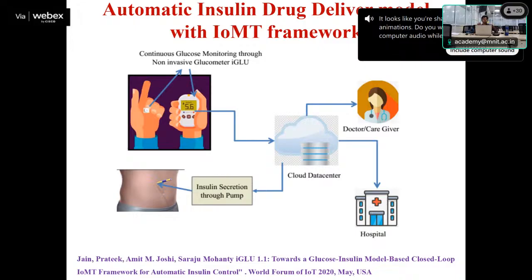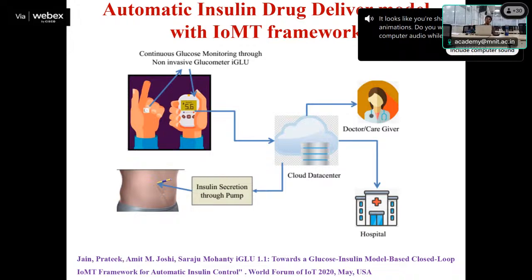Now, since your pancreas is not generating any insulin, you need to insert insulin directly inside the body. For that, we can have an insulin pump where insulin is pre-stored, and from that stored insulin, you inject insulin inside the body whenever it is required.